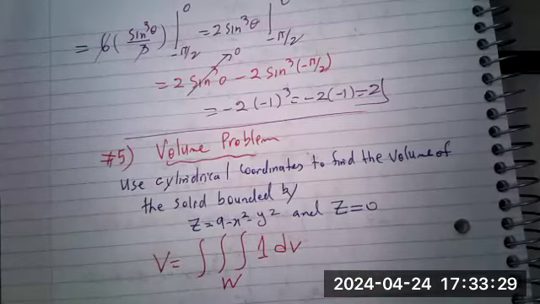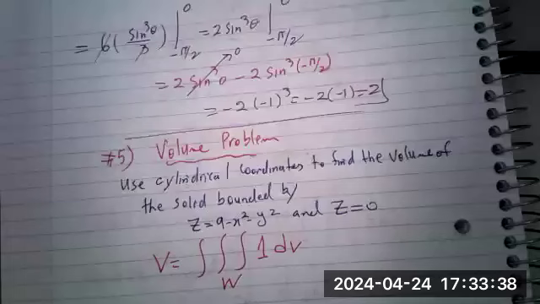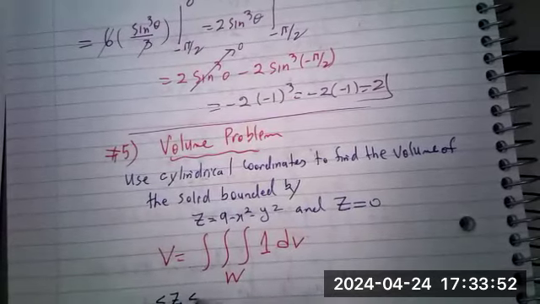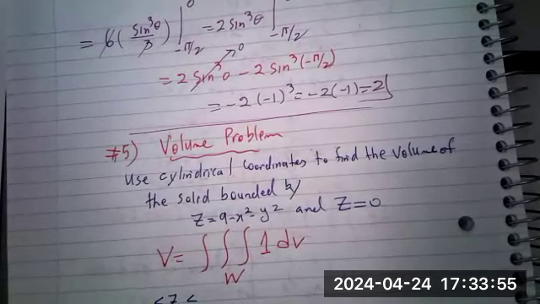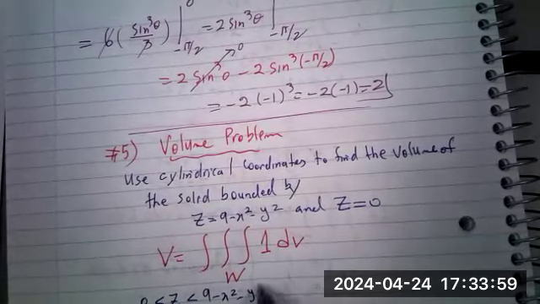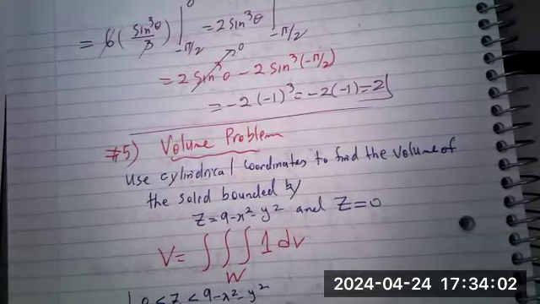Then you replace z by 0 to get the projection in 2 dimensions, to be able to do it. This is your first step for the z.